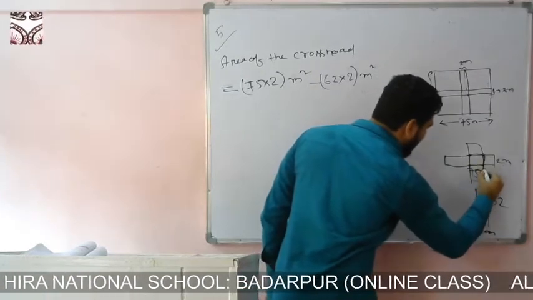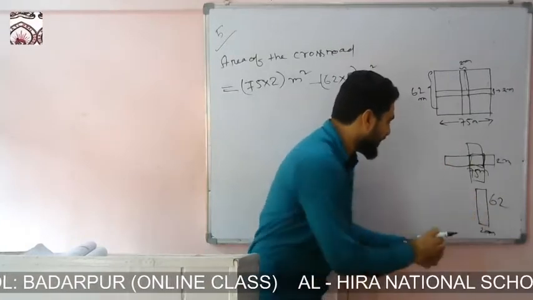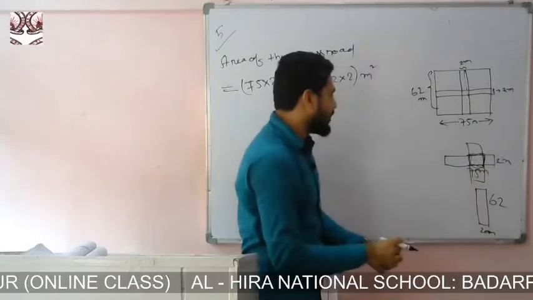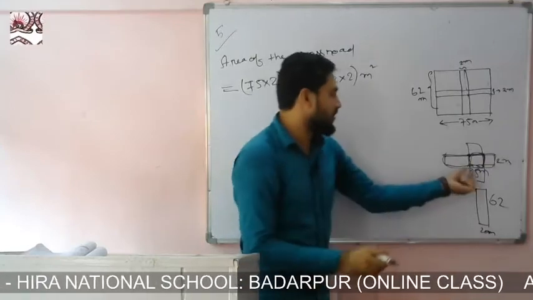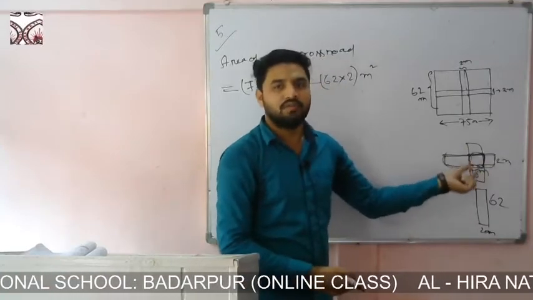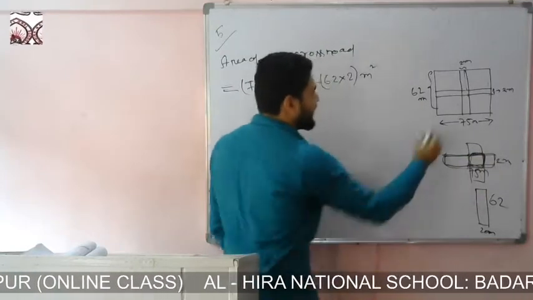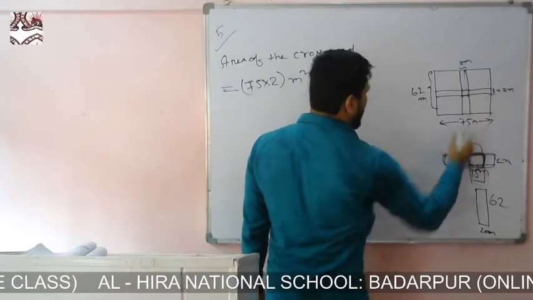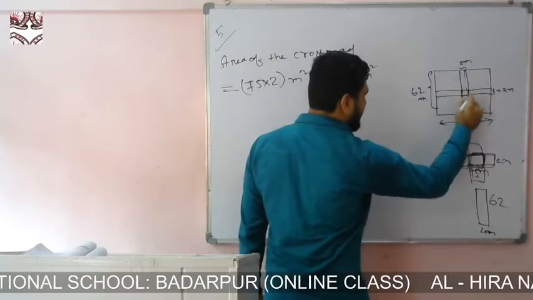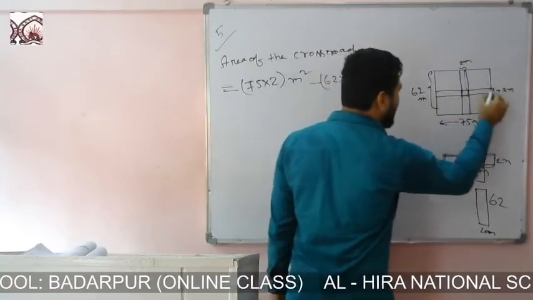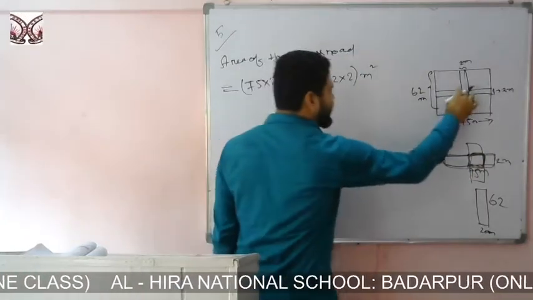Whenever we are taking the measurement of this, we are taking this common side, and whenever you are taking the measurement of this one, again this portion is coming. That means this portion is coming 2 times. So for that reason you have to subtract this portion, because when you take the first road this portion is taken, and when you take the second road this portion comes again.